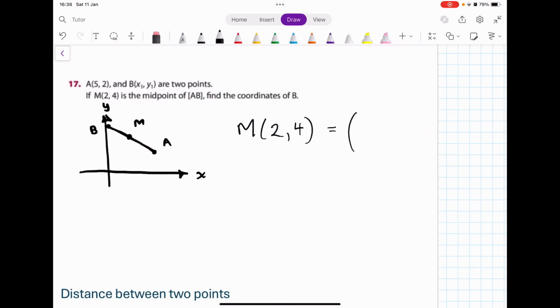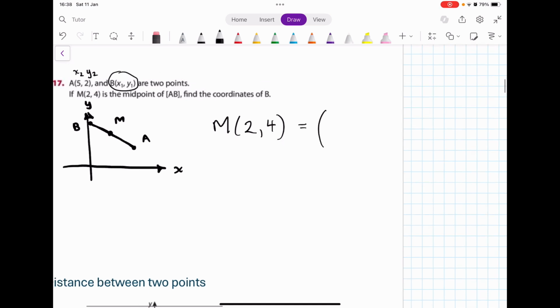We're saying the coordinates of B are x1 and y1, while the coordinates of A are x2 and y2. We use x1 and y1 because they are unknowns, so we can use algebra. So we could do (x1 + x2), which in this case is 5, divided by 2. And then for the y-coordinates, you have (y1 + y2), which in this case is 2, divided by 2.